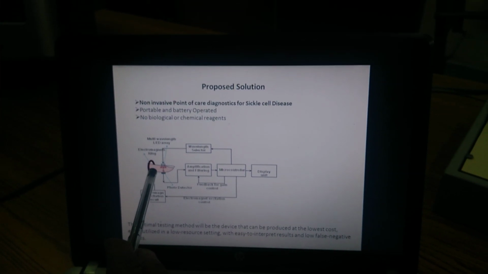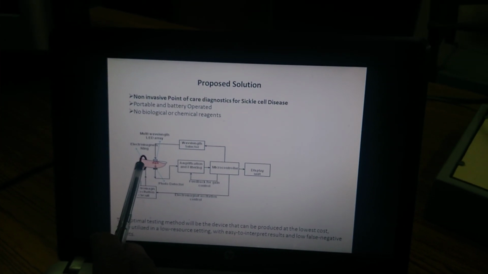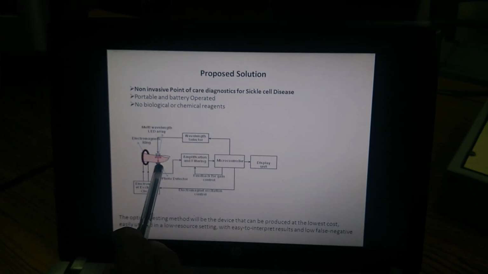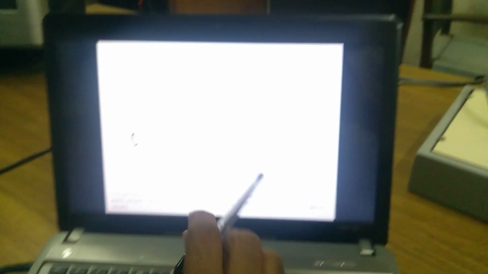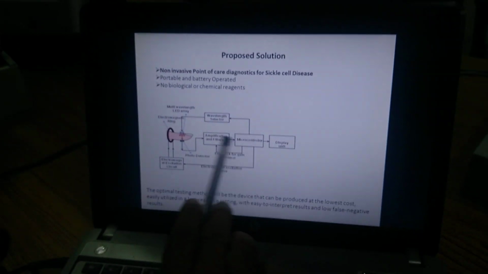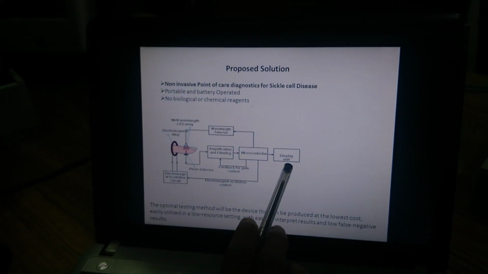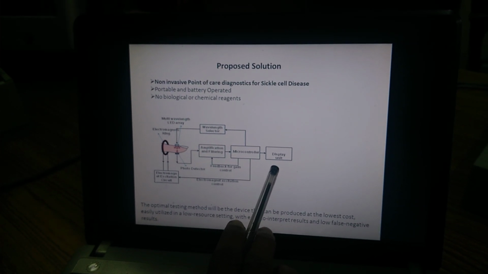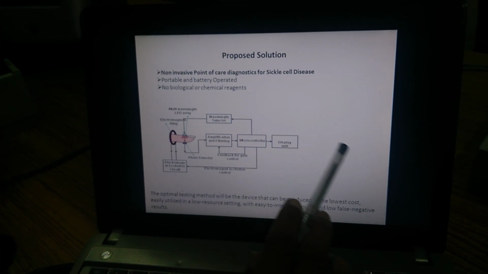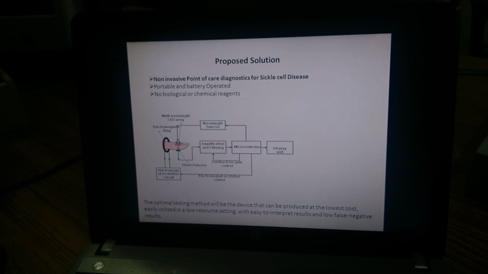If it is a normal anemic case, the orientation doesn't take place, so the absorption will be different. The display unit takes the ratios and ultimately says whether the person is a sickle cell anemic person, a normal anemic person, or just normal.